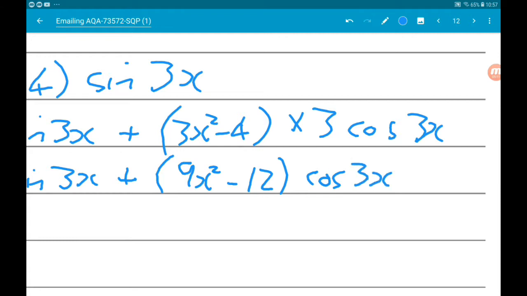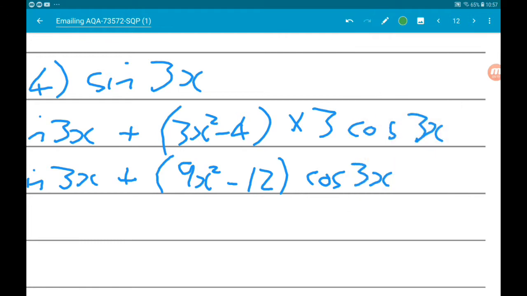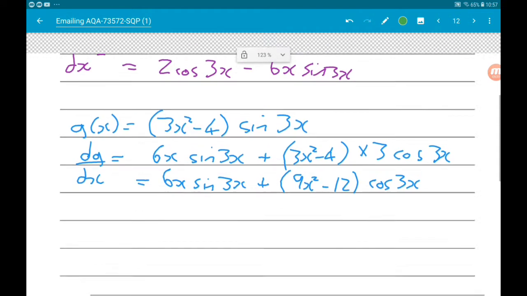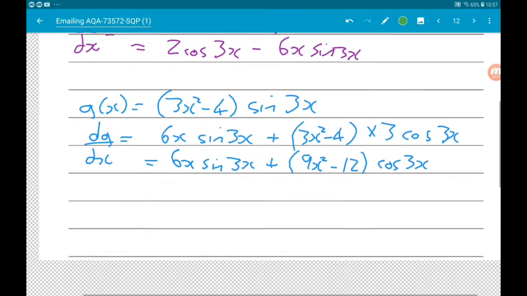Okay, now altogether dy by dx is df by dx plus dg by dx.